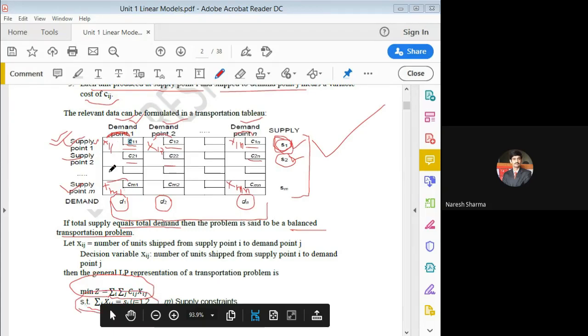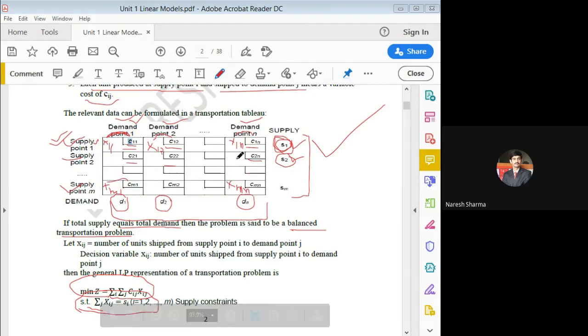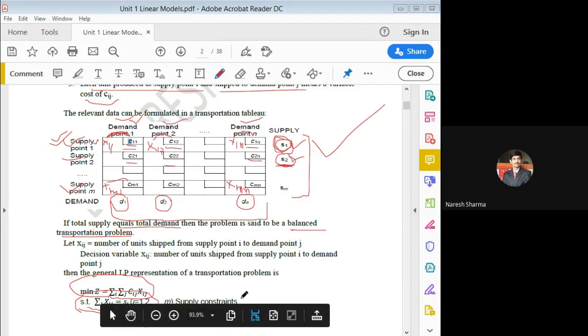For the second row, it is x21 plus x22 plus up to x2n, which is equal to S2. Similarly, for all rows we can add the corresponding x, and this should be equal to the respective supply.